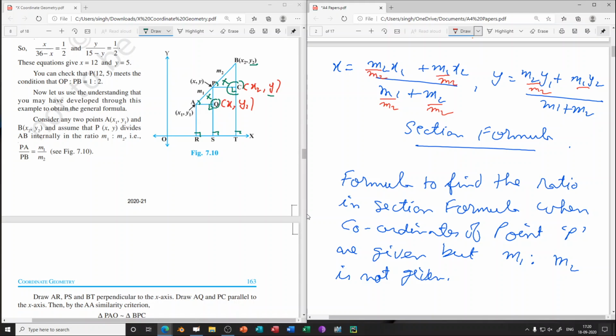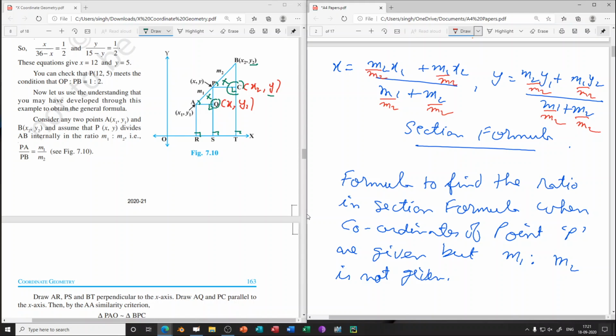When we simplify m2 over m2, this will become x1 plus m1 by m2 x2, and the denominator will be m1 by m2 plus 1. Similarly, we get 1 y1 plus m1 by m2 y2, and here also m1 by m2 plus 1.